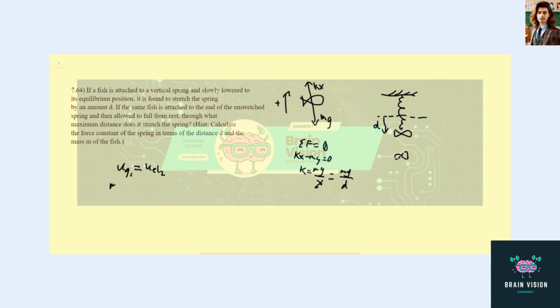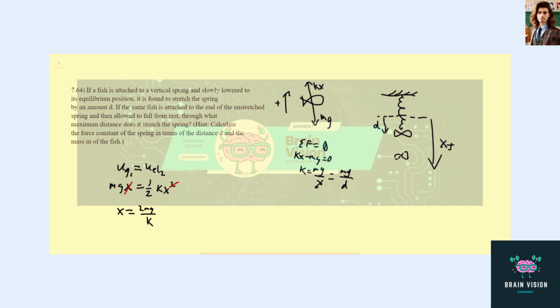So then we get mgx equal to 1/2 kx squared. And here, for this part of the problem, I'm going to define x positive from this point here. So what we can do then is cancel out one factor of x, and we get x equal to 2mg over k.